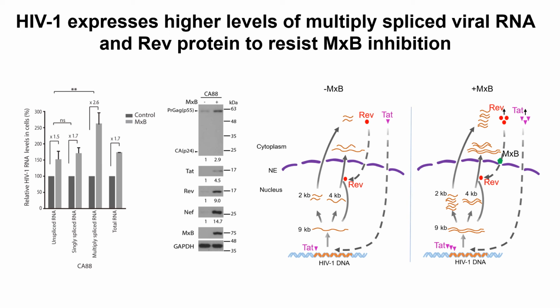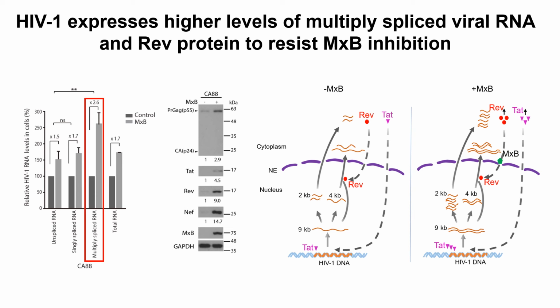In this experiment, we infected the control and MxB expressing CD4-positive SupT1 cells with the NL4-3 virus. We quantified unspliced, singly spliced, and multiply spliced viral RNA species in control and MxB expressing cells.